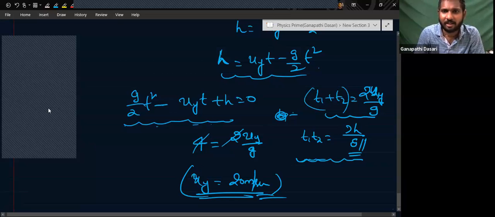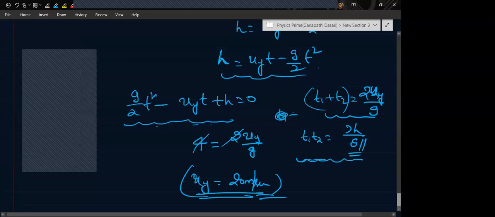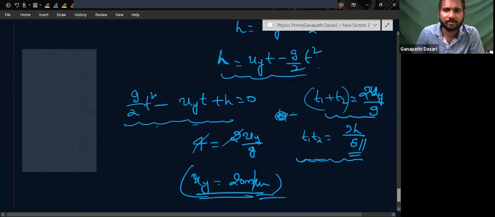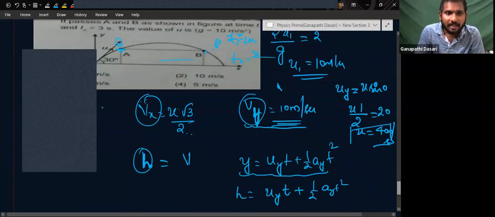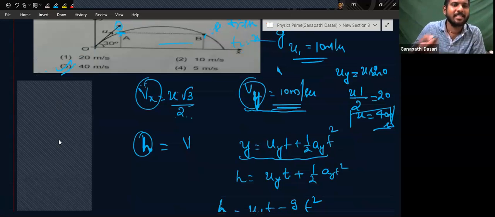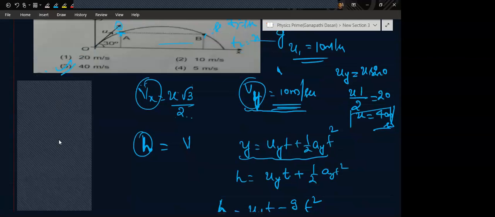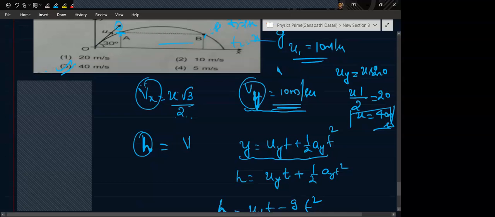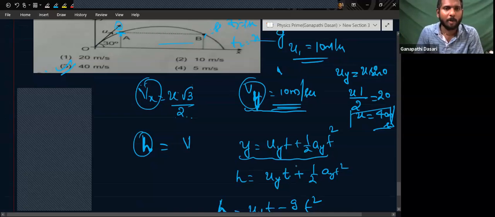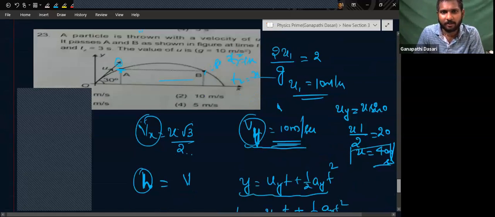Varun, are you listening or not? Did you understand how I solved this question? There is another way I generally see it as a physics teacher. As a math student, what I taught you is the proper way, but as a physics teacher I am very much into basic things.